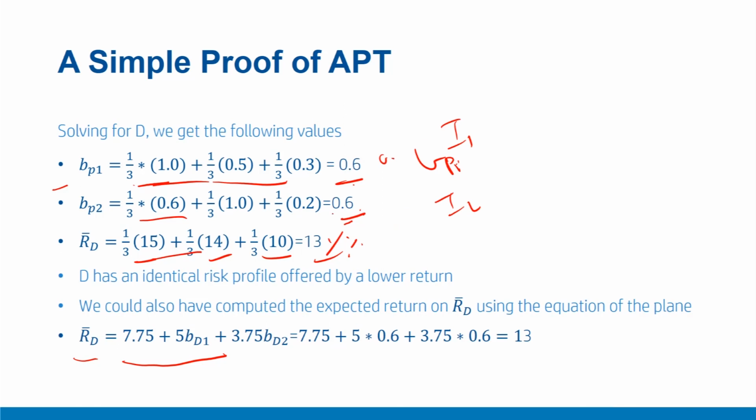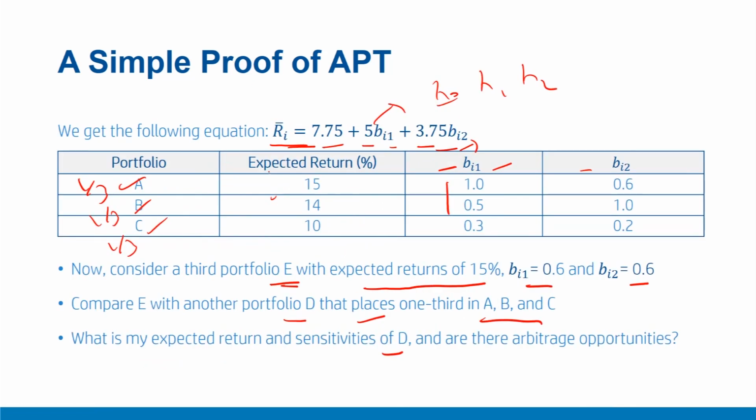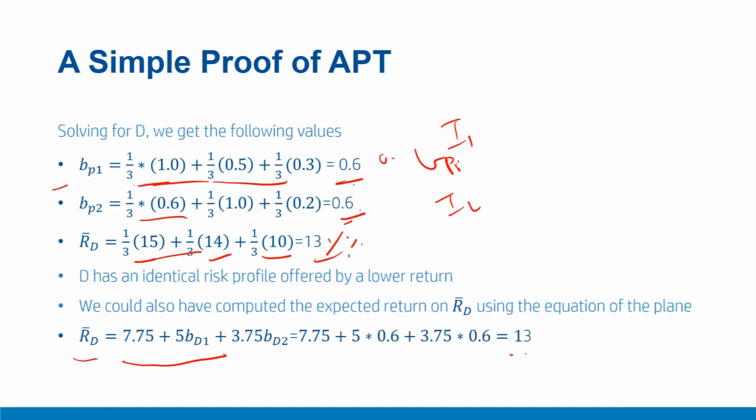Let us compare this portfolio D with portfolio E. Notice that portfolio E has the same BIs as portfolio D, that means BI1 and BI2 are both 0.6, but the expected return it offers is higher than portfolio D, which was 13%.